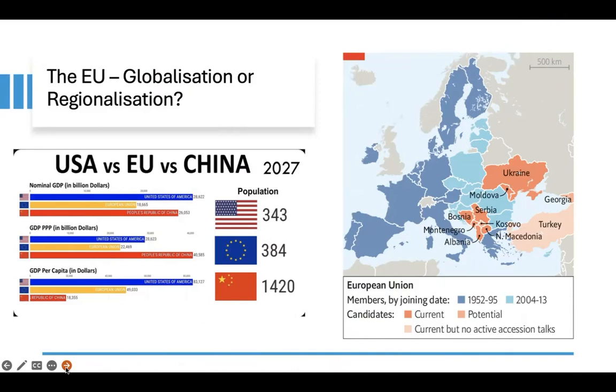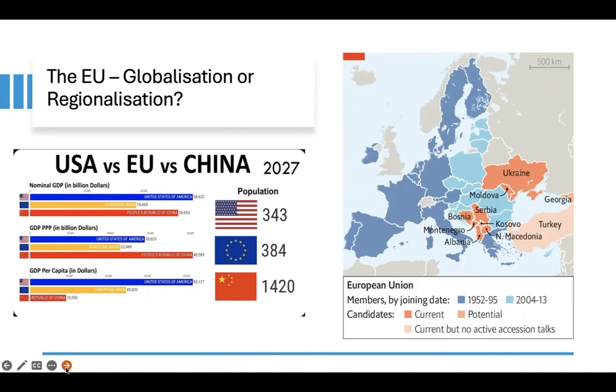So when we talk about single market legislation, trade deals, or climate targets, it's worth keeping those four numbers in mind. 27 countries, 400 million people, 16 trillion euros, 24 different languages. And those are the reasons why EU decisions reverberate far beyond Europe's borders.